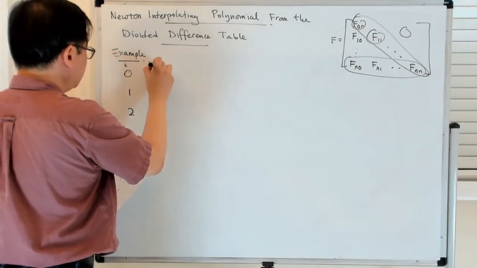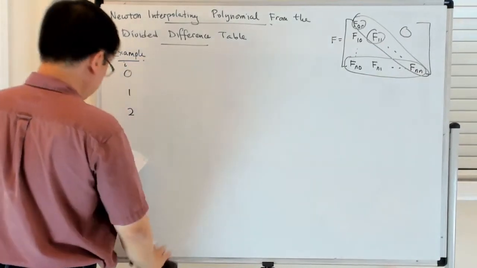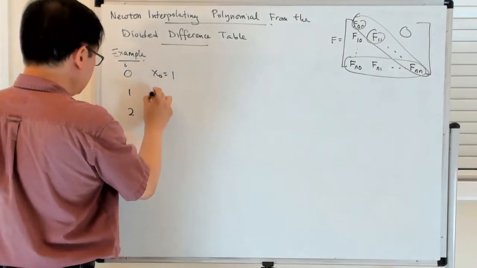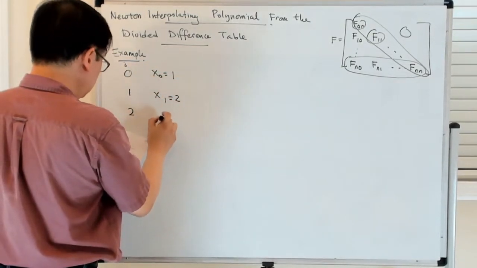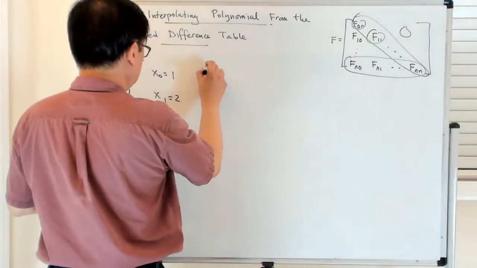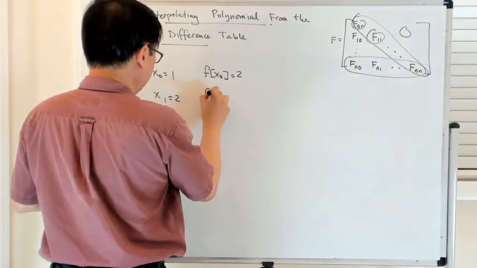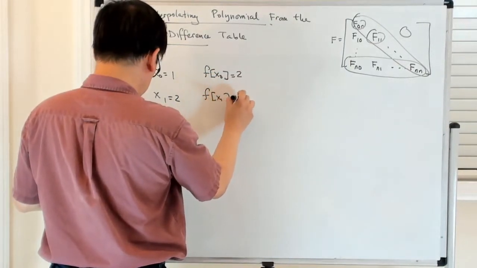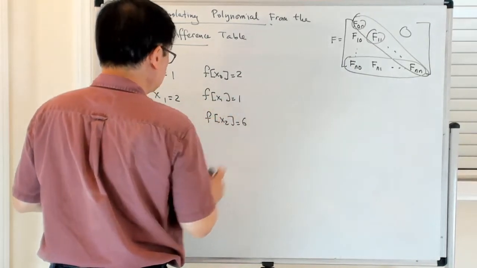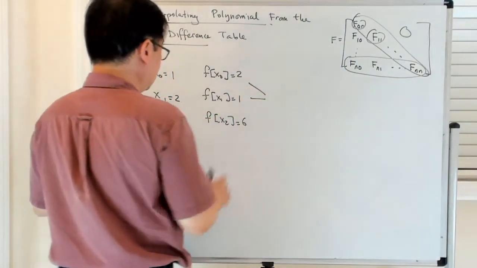So x0 here is 1, x1 is 2, and x2 is 4. And f(x0) is 2, f(x1) is 1, and f(x2) is 6. All right, so I'm going to fill in the divided difference table.